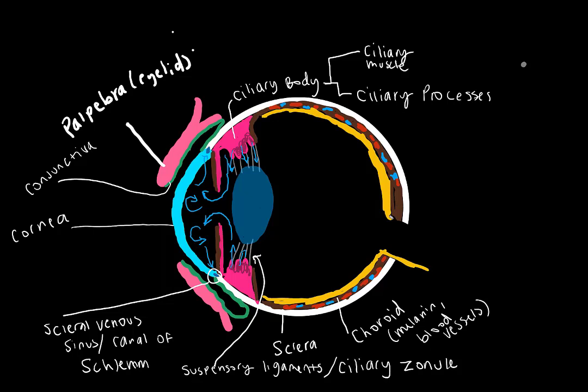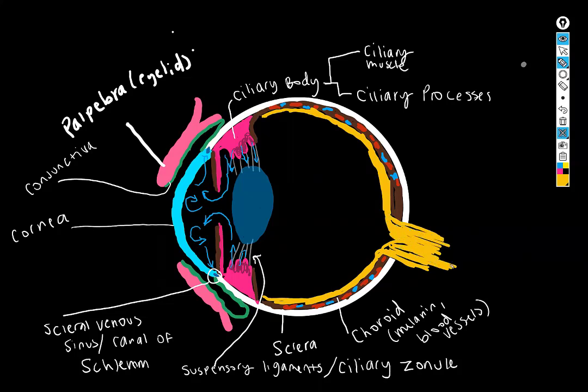And then the axons of these cells that are collecting the visual signal, they have to escape the eyeball somewhere. So they do so at a place called the optic disc, which is where all of the axons pass through the choroid and through the sclera. And this is also your blind spot.